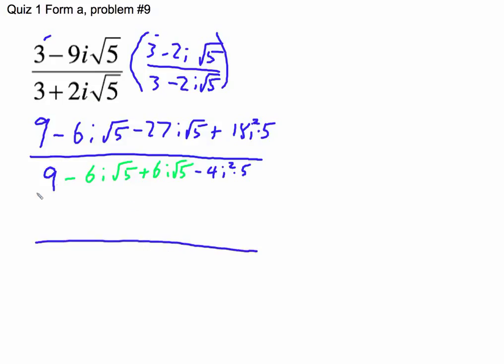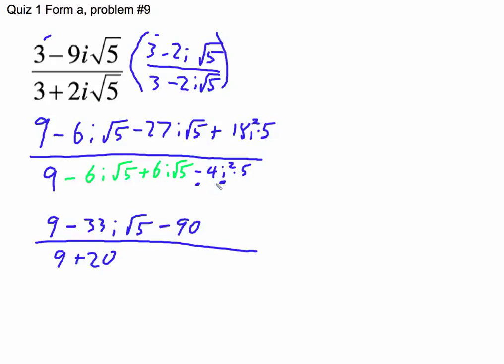So let's go ahead and draw the fraction. So we have 9 minus 6i minus 27i is minus 33i square root of 5. And then 18 times 5 is 90, and then you have i squared, so it's negative 90. And then in the denominator you have 9 plus 20, and it's plus because the i squared is a negative.